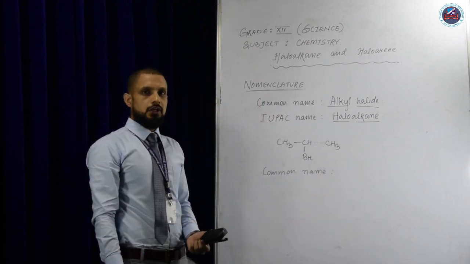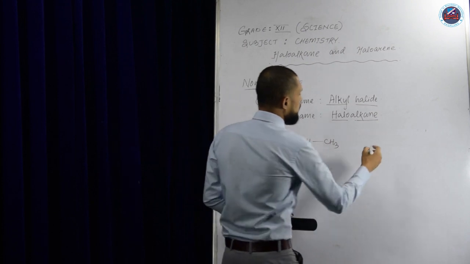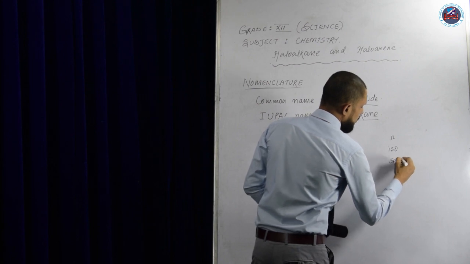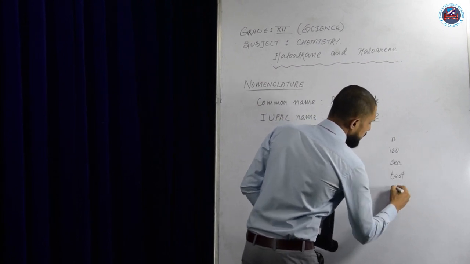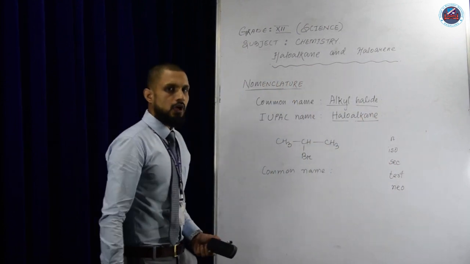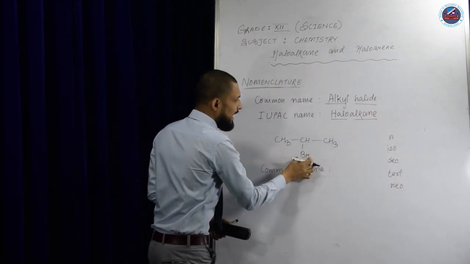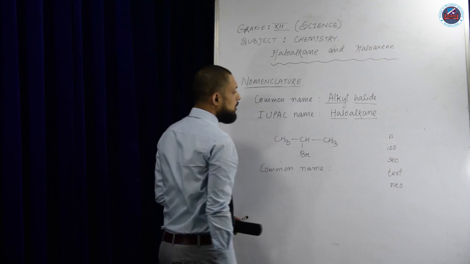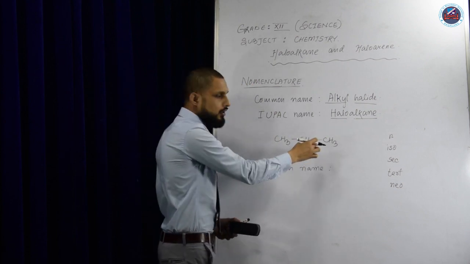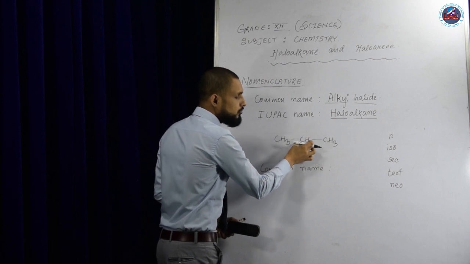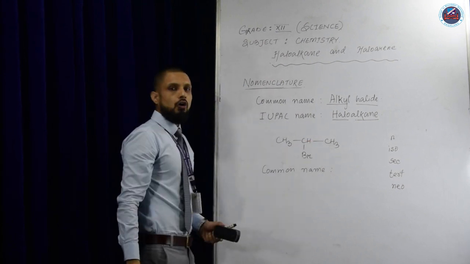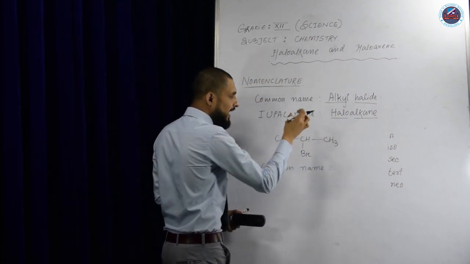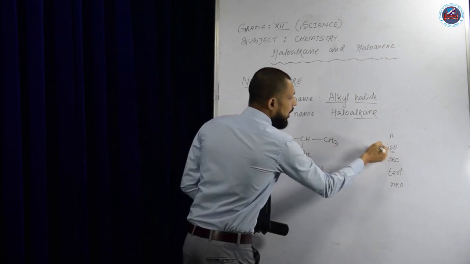While writing the common name, we use prefixes like n, iso, sec, tert, and neo. N is used when the halogen atom is attached to the terminal carbon. Iso is used if it is a 3 carbon chain and the halogen atom is attached to the middle carbon; if it is 4 or more carbons, the compound where 1 degree is followed by 2 degree is known as iso.